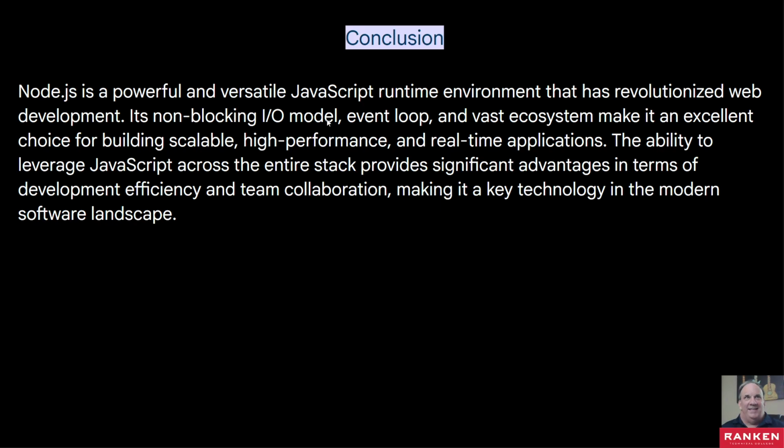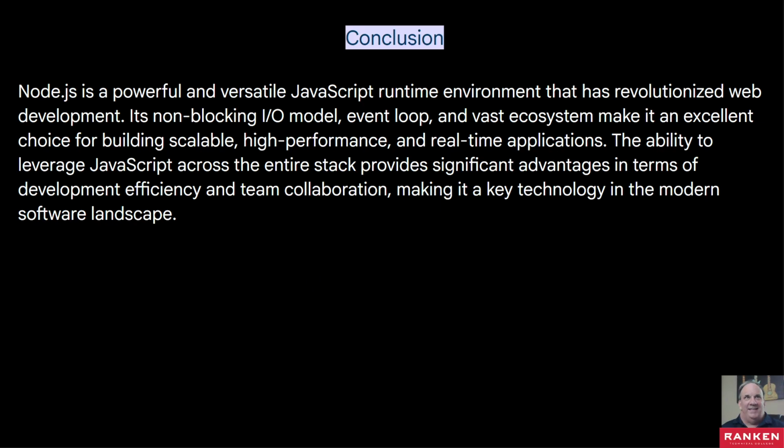Its non-blocking I/O model, event loop, and vast ecosystem make it an excellent choice for building scalable, high-performance, and real-time applications. The ability to leverage JavaScript across the entire stack provides a significant advantage in terms of development efficiency and team collaboration, making it a key technology in the modern software landscape.